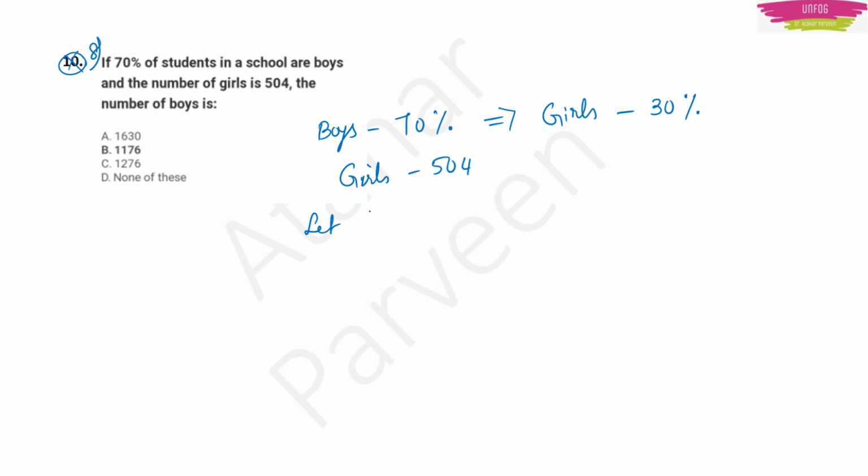Let the total number of students be X. Okay. So if the total number of students is X, then 30% of X should be equal to 504, because girls, right? Girls are 504. Or I will do 30 by 100 into X. I will use my trick.